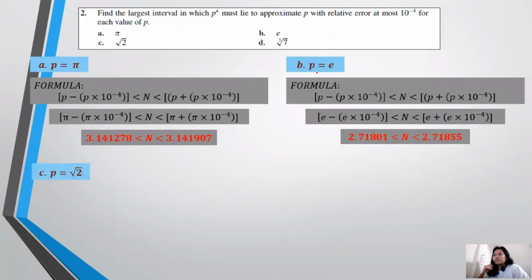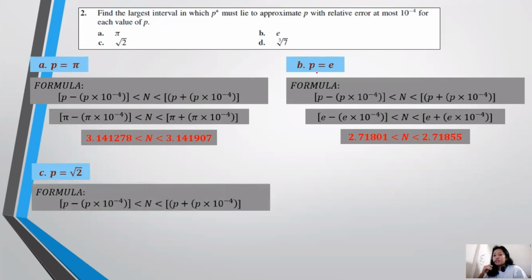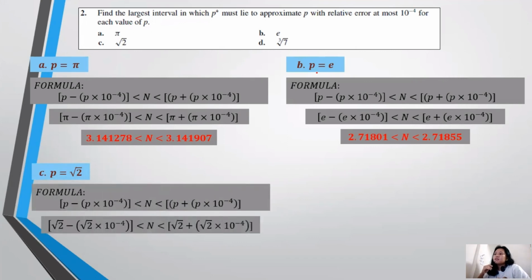So for the letter C, we have square root of 2. The same formula, the same process. So substitute the square root of 2. So square root of 2 minus the quantity of square root of 2 times 10 to the power of negative 4. Then the right side is square root of 2 plus the quantity of square root of 2 times 10 to the power of negative 4.